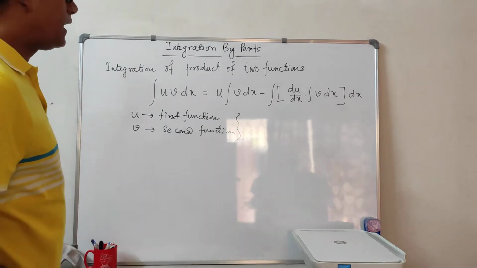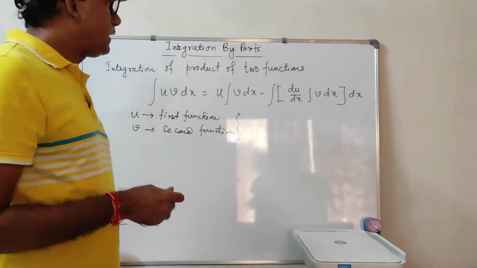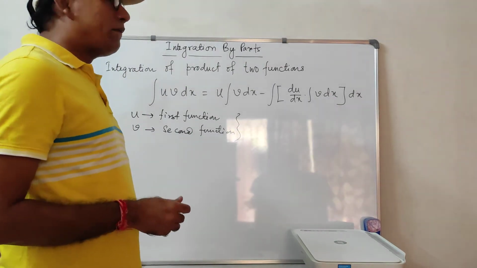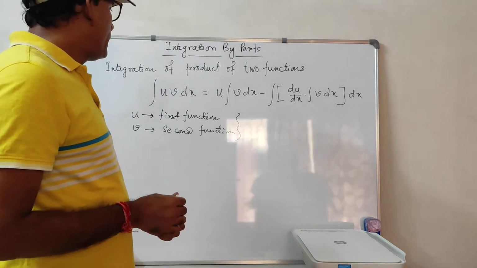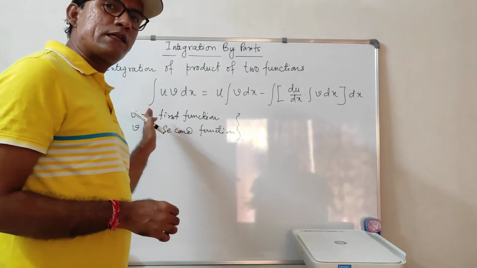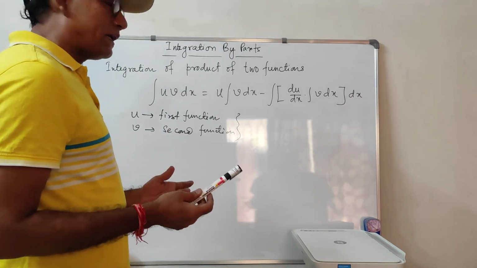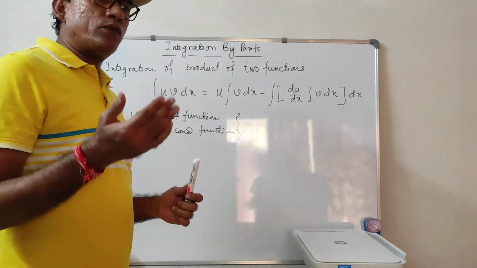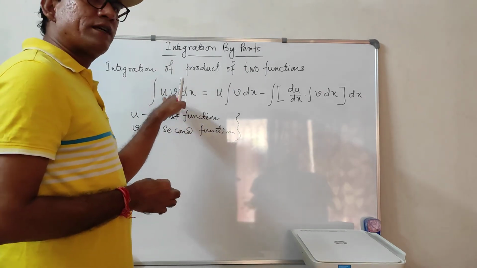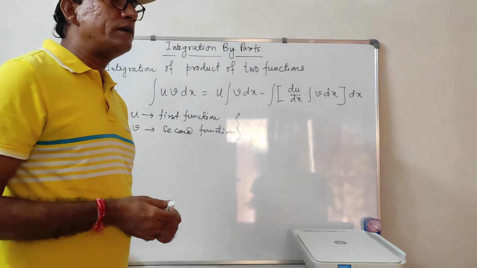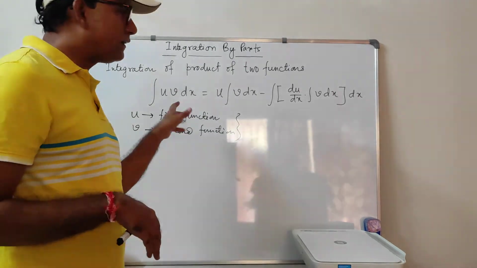And one thing is very important to remember. You have to be cautious about choosing the first function and the second function. If you make a mistake in choosing the first function and second function, you may not complete the integral.